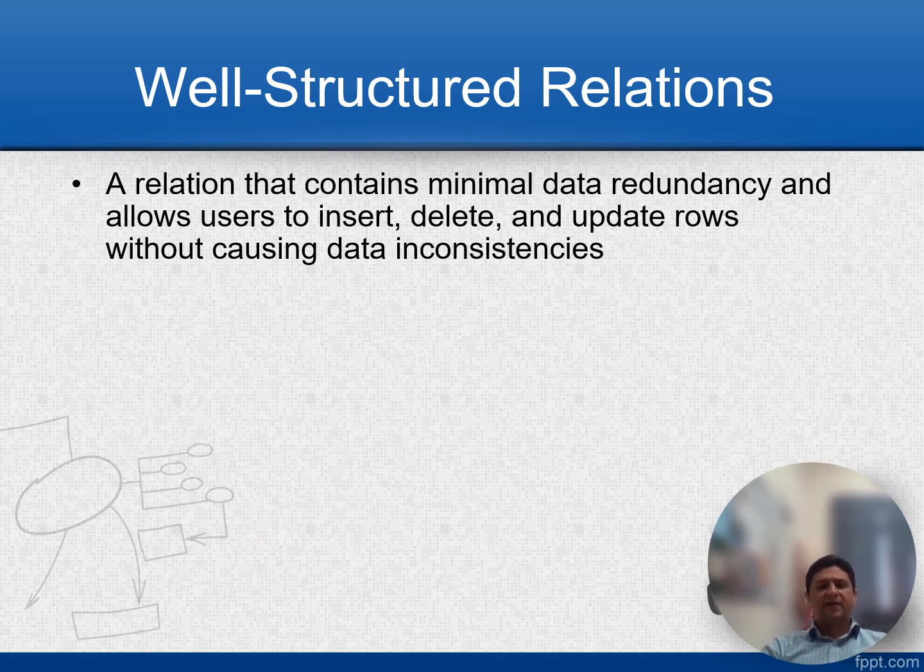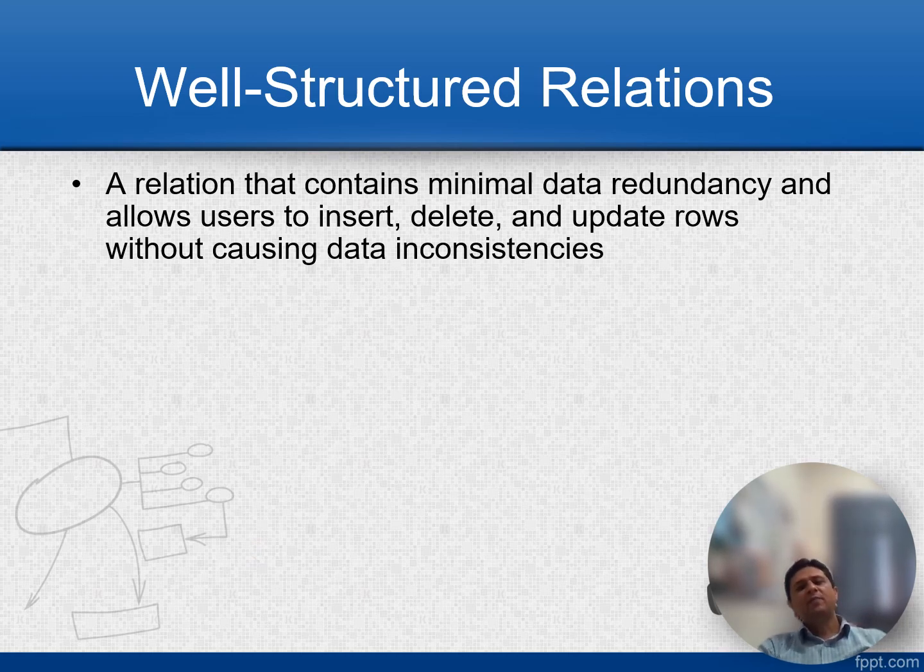And as I told you, a well-structured relation is a relation on which any editing operations, which are basically insertion, updation and deletion, which cause the change of the contents or data of the database, can be performed with minimal data redundancy and without causing any inconsistency.